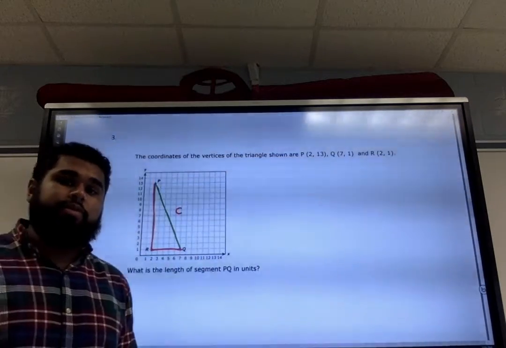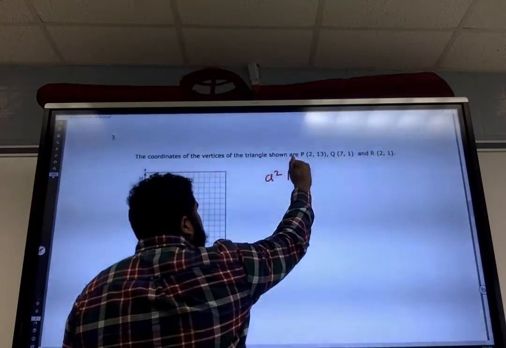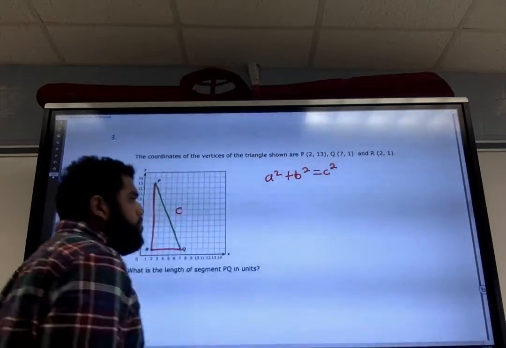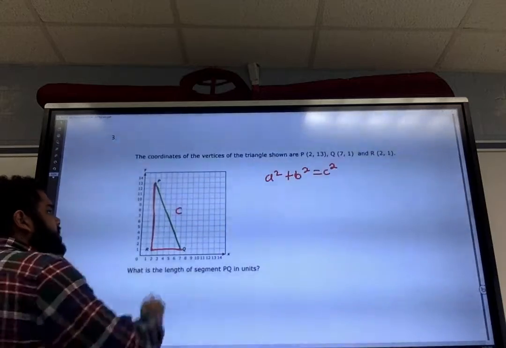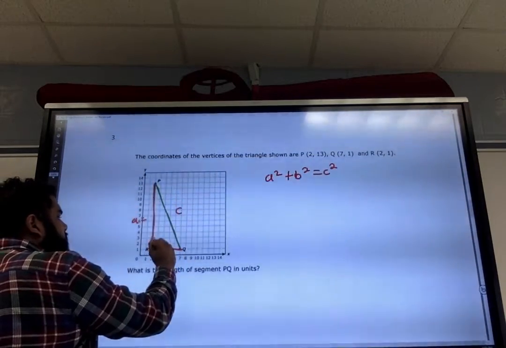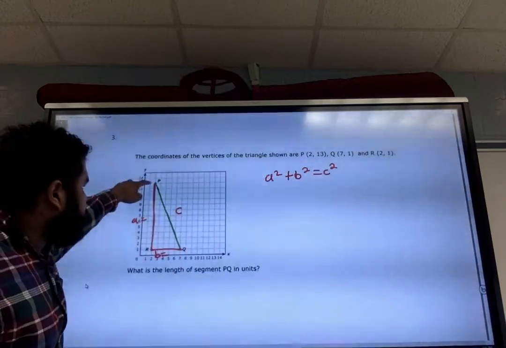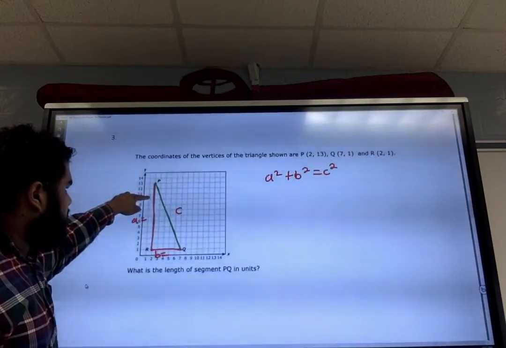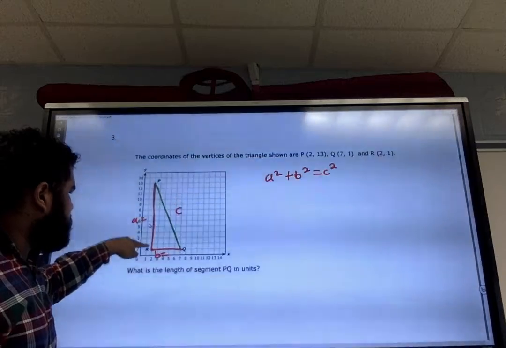What formula am I going to use to find C, my hypotenuse? A squared plus B squared equals C squared. All right. Now I need to find a side length for A and B. I know that this is going to be A, and I know this is going to be B. Well, to find your side length, you just count the squares that are along the side length. 1, 2, 3, 4, 5, 6, 7, 8, 9, 10, 11, 12.